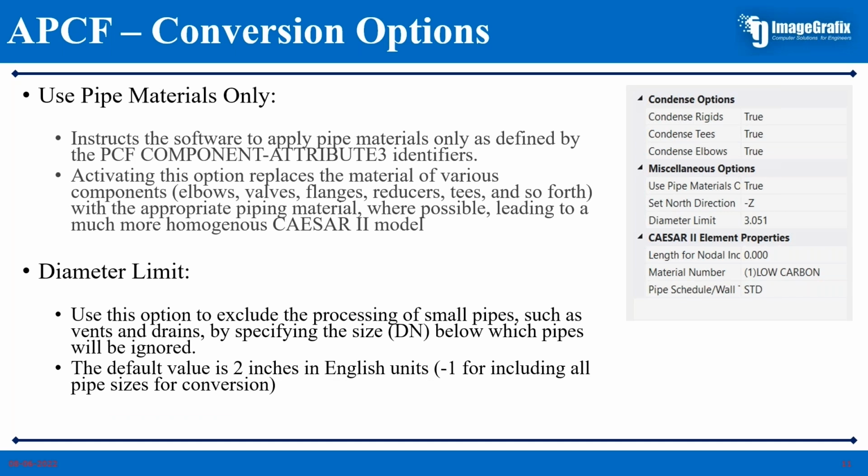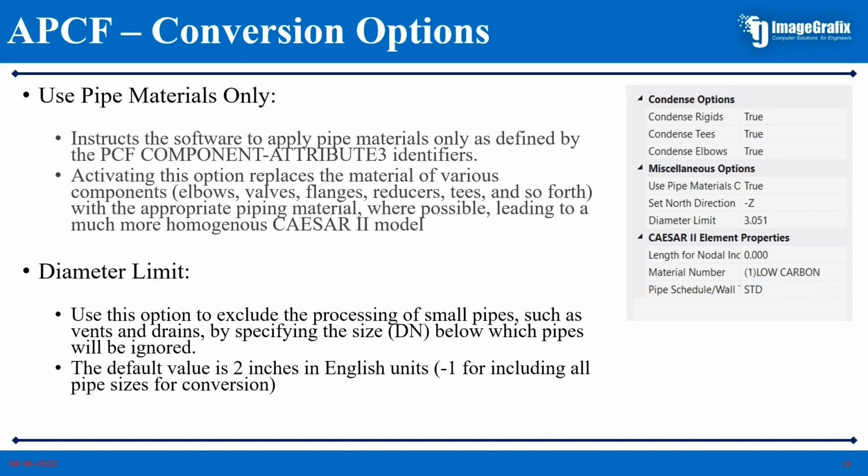Next, use pipe materials. The default option will always be true for this. Pipe material is read from component attribute 3, according to the PCF file generator, either from SmartPlant 3D or from CADWorx; the material identification is component attribute 3. By default, whatever material property is given, that would be read.